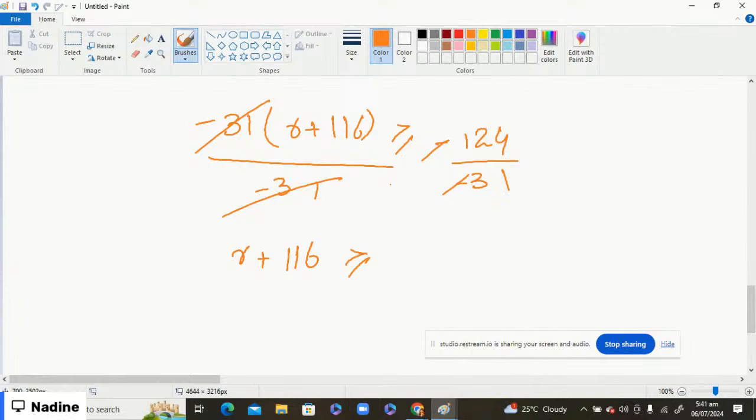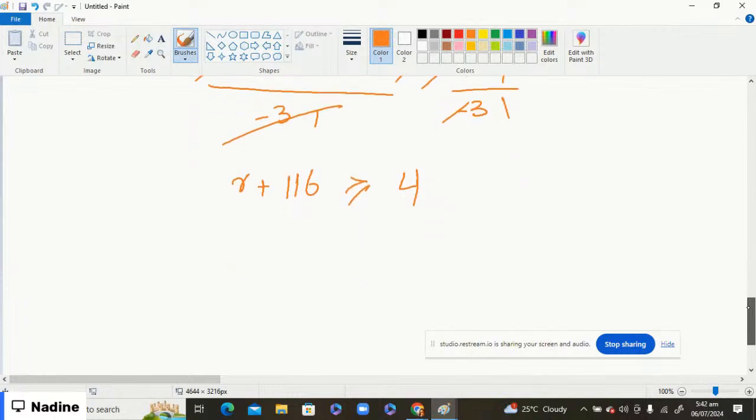So 124 divided by 31, let's divide and check the answer. It's 4. My answer is 4, so here I'm going to write 4.